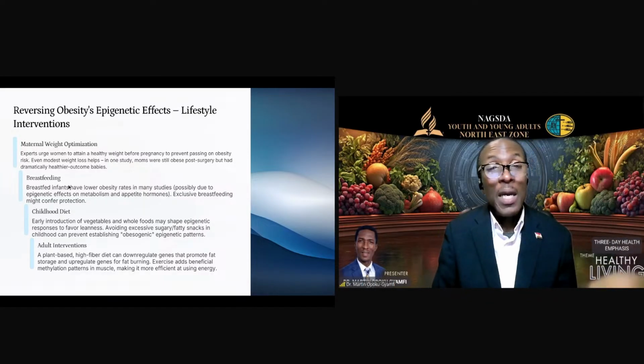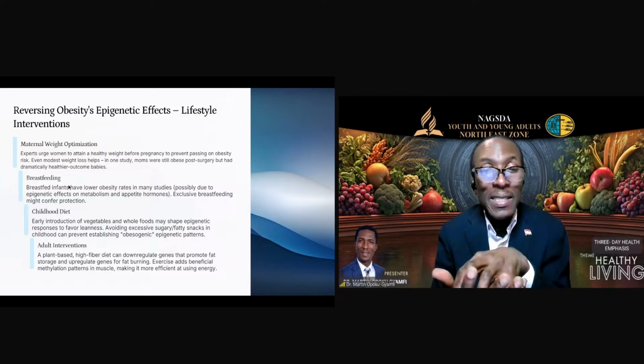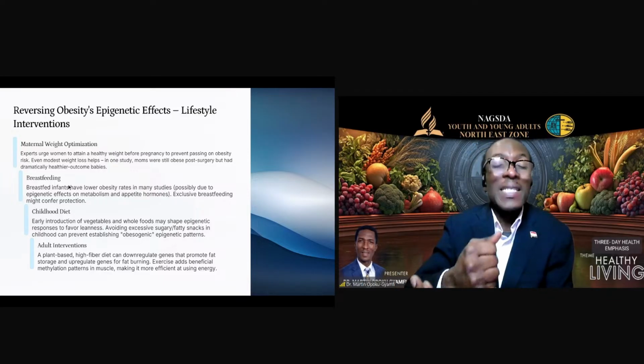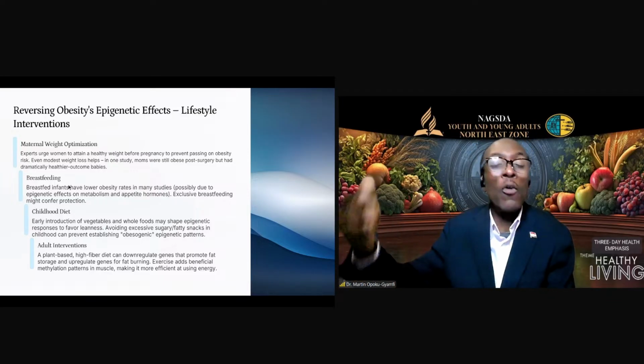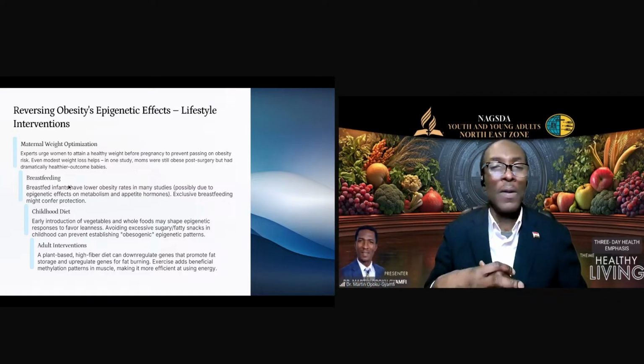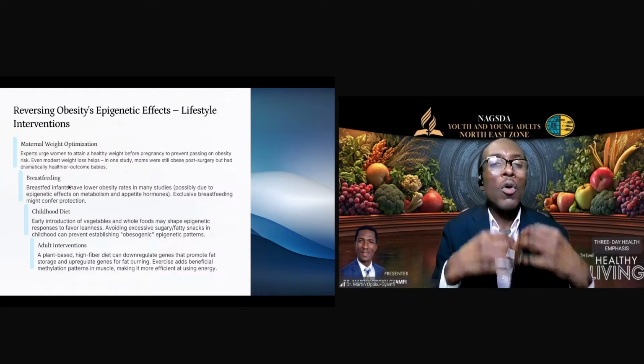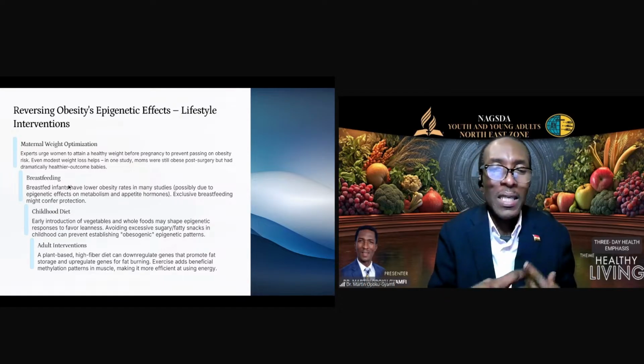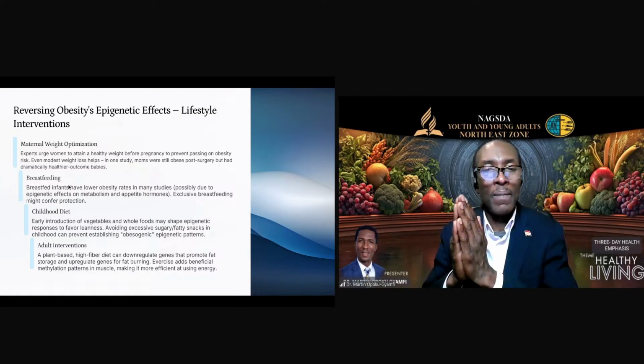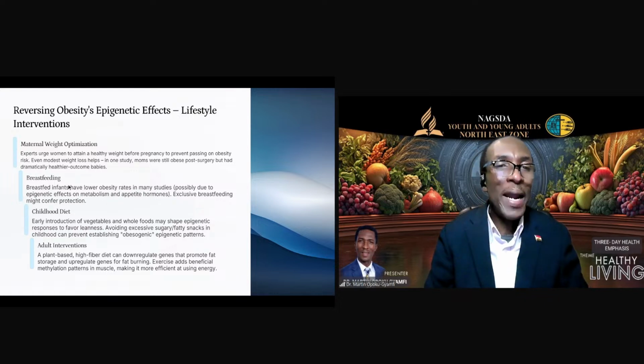Because guess what? Cow milk contains things that will create epigenetic tags for a cow's baby, a calf. And human breast milk contains positive epigenetic tags for a human baby. And so breastfeeding is one of the best things to do.